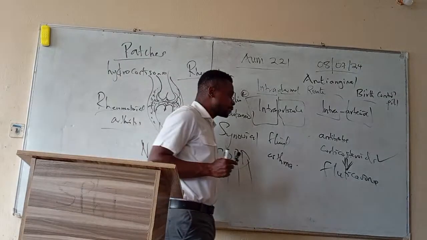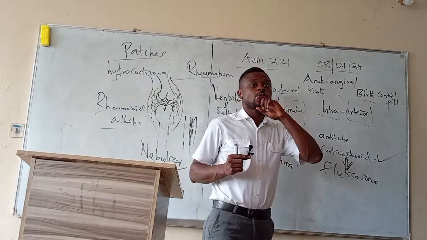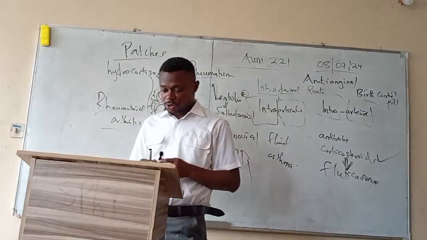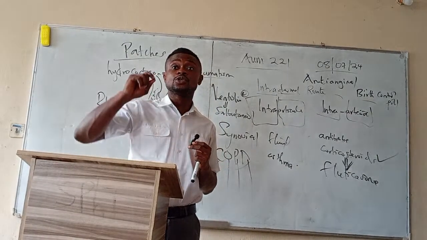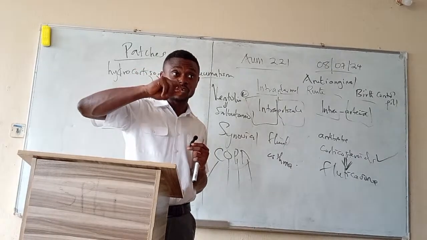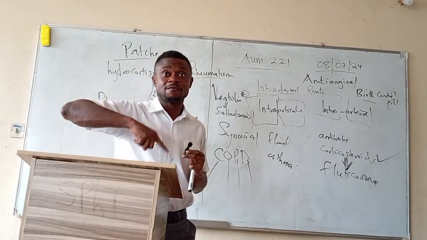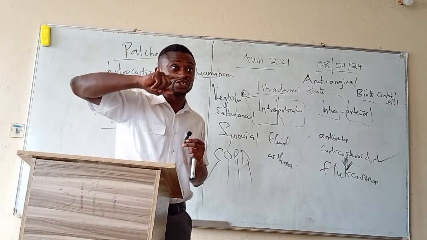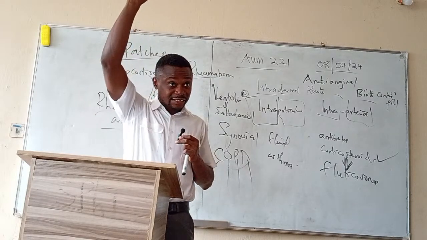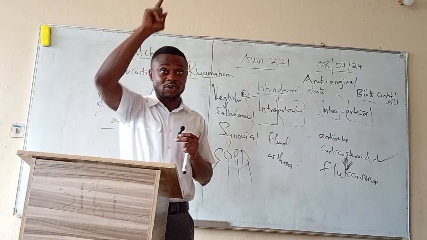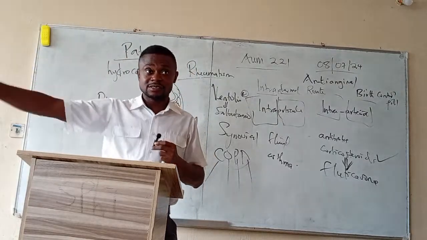Another point is that there's what is called drug spike concentration. Once you take a drug and it is absorbed, there's this spike. The concentration in the system will increase very high and come down; it keeps fluctuating.